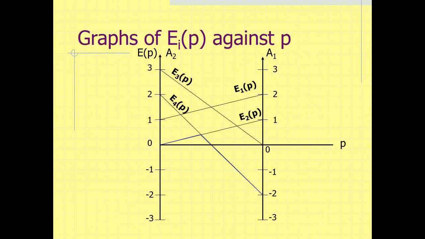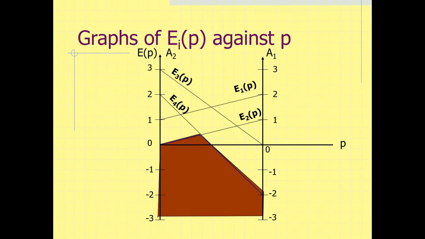The lower boundaries of the lines E1, E2, E3 and E4, that is the lower envelope, will give the minimum expected payoff, and the highest point on this lower envelope will then give the maximum of the minimum expected payoff. As shown in the figure, the lower envelope is shown by the blue line and the highest point is the peak.